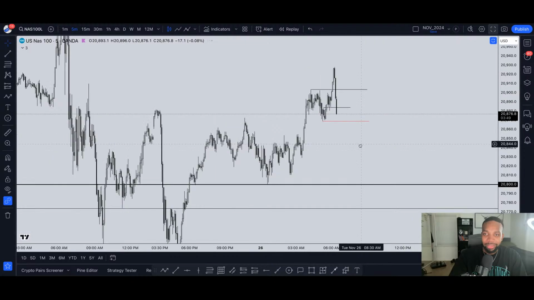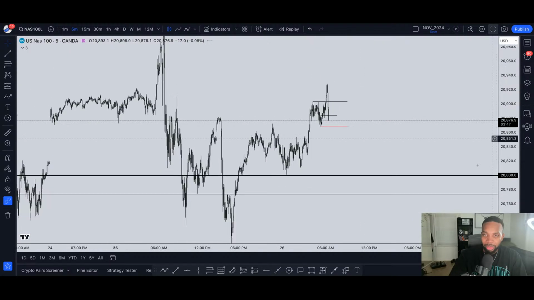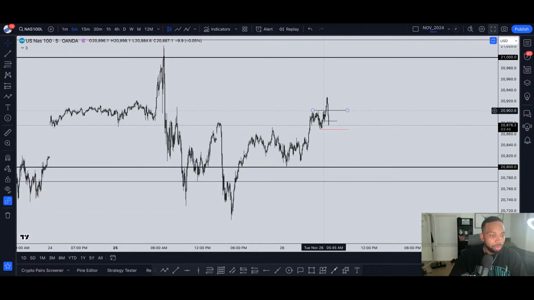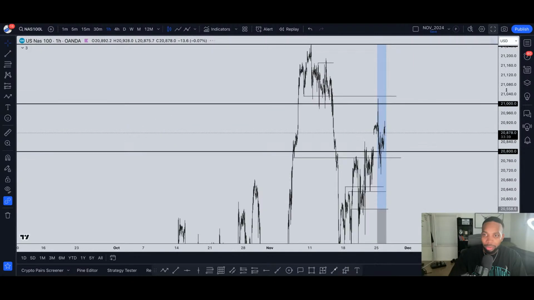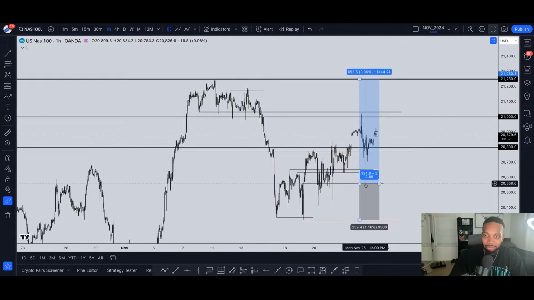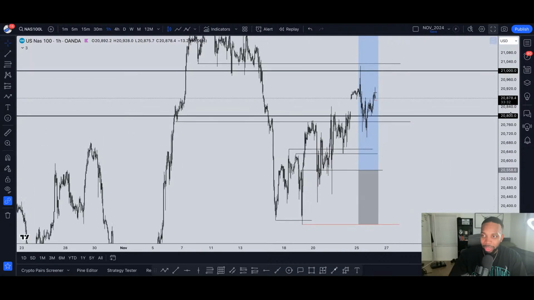Like I said, I'm in the buys lower. I'm in the buys down here. I got the buys way lower, pretty much from 20,800 and below.